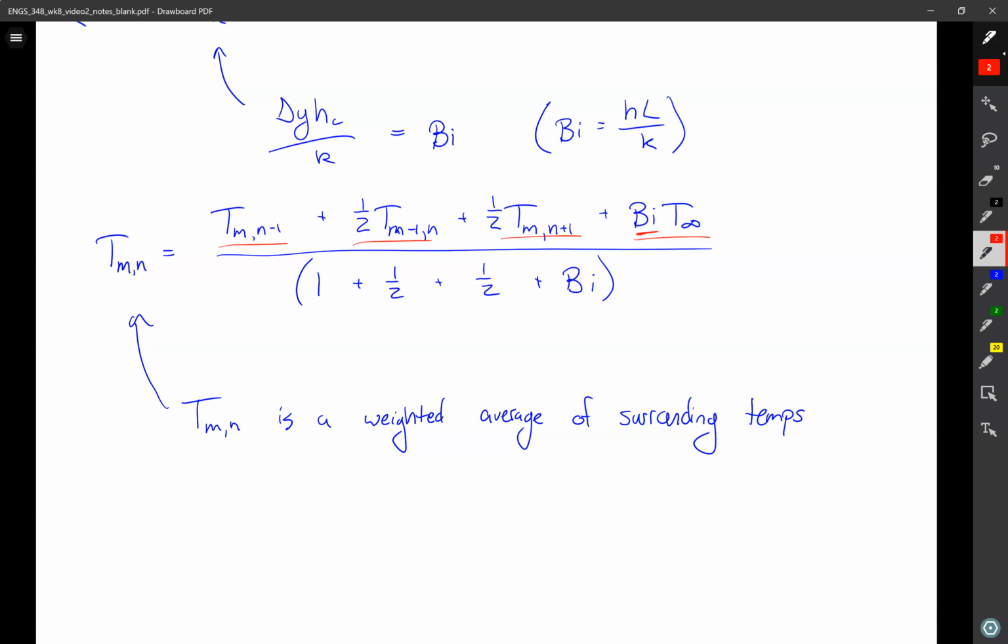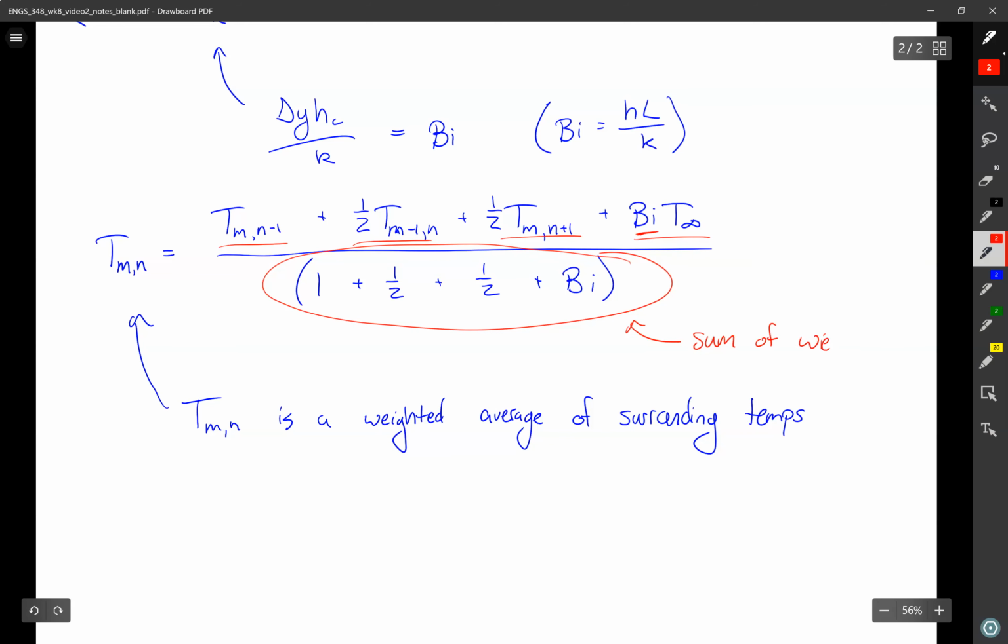And then, to take a weighted average, you have those weights associated with each of those temperatures, and then you divide by the sum of your weighting coefficients.